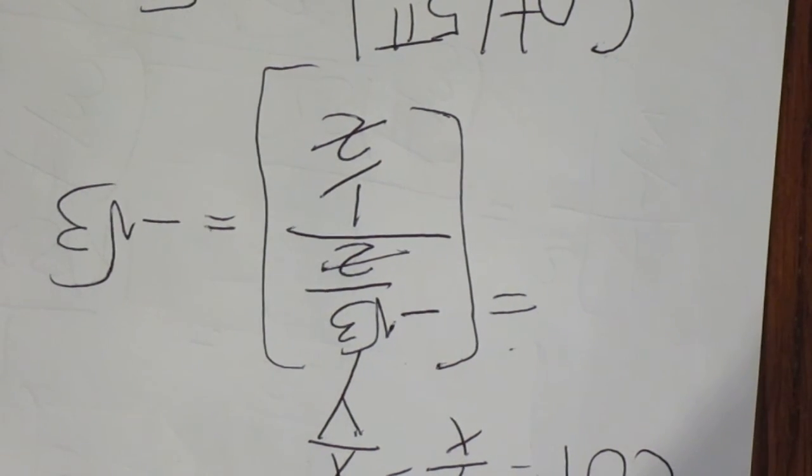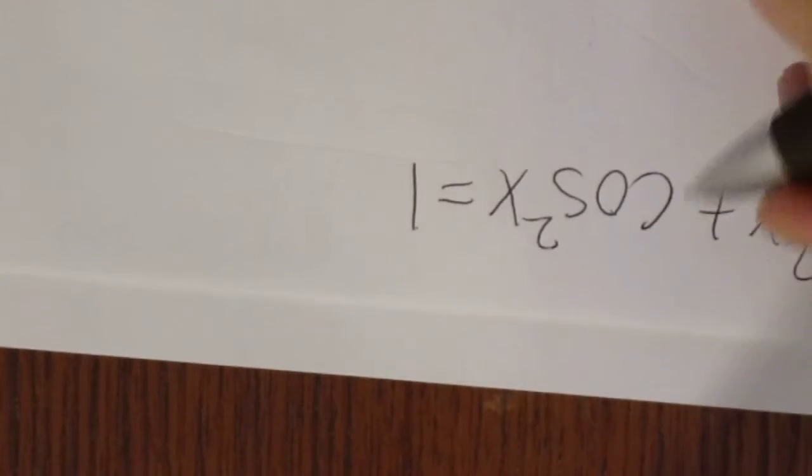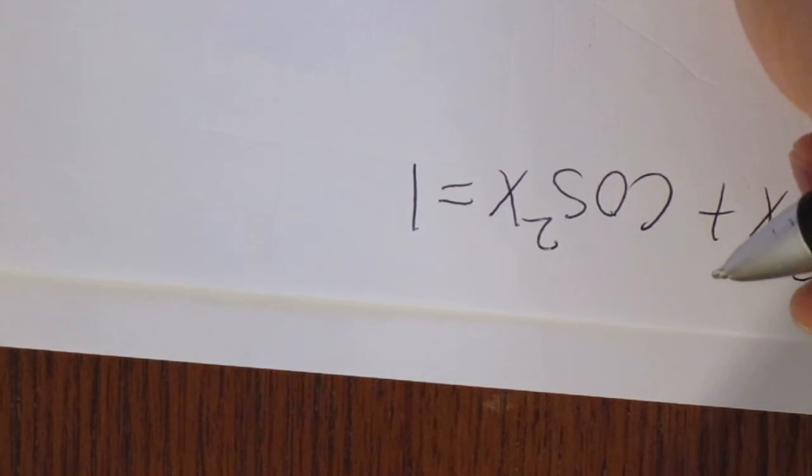Now I'm going to briefly talk about identities. One of our identities is sine square x plus cosine square x equals 1.